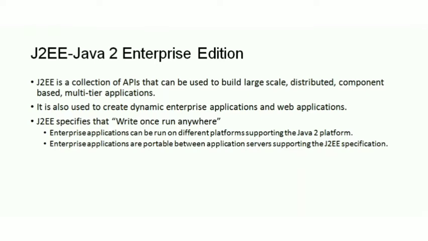Enterprise applications are also platform independent, because many types of application servers are available in the market which work with Java. So all these things are defined in the J2EE part.